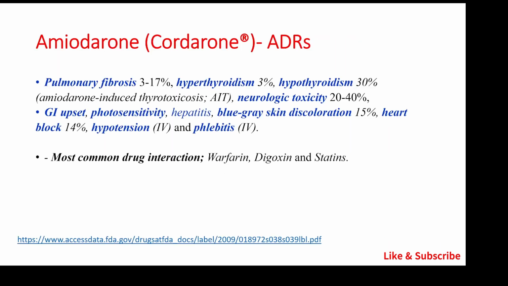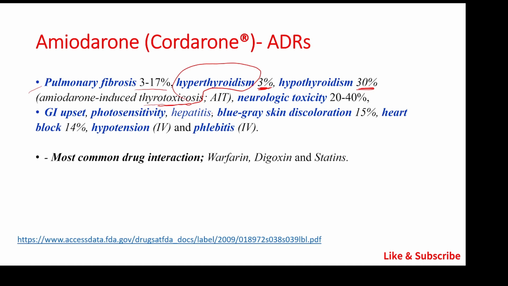Side effects of amiodarone, you can see the percentages here. Pulmonary fibrosis, 3 to 17%, hyperthyroidism, 3%, hypothyroidism, 30% of patients. Amiodarone may induce thyrotoxicosis, and we discussed thyrotoxicosis, which is like severe hyperthyroidism.